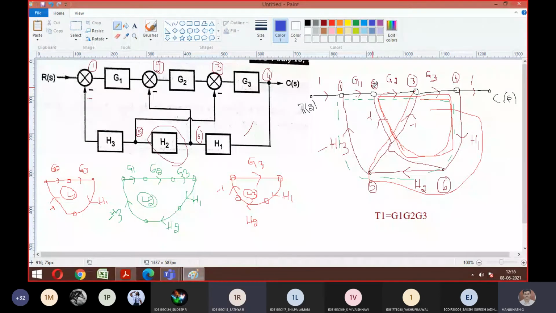No, sir. So you have L1, L2, L3. So for non-touching loops, compare L1 with L2. G3, G2, G2 is touching. Compare L1 with L3, G3 is there, G3 is touching. Similarly, compare L2 with L1 and L3. So there is no possibility, right?